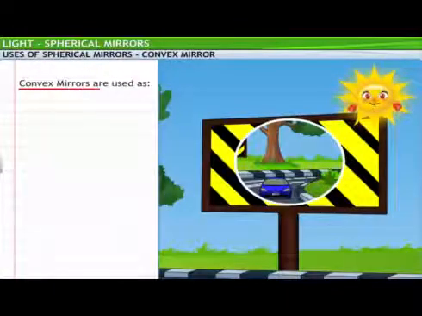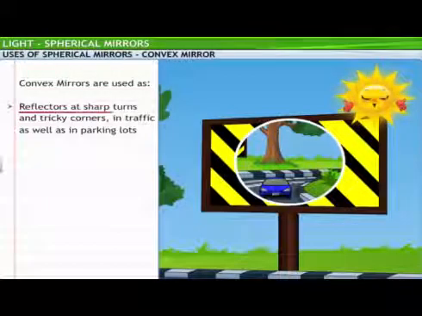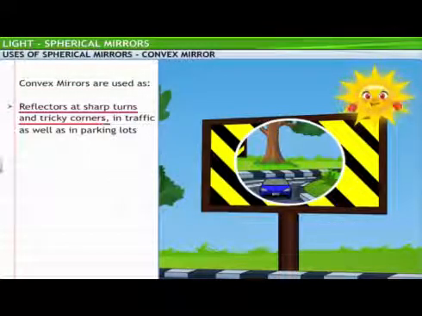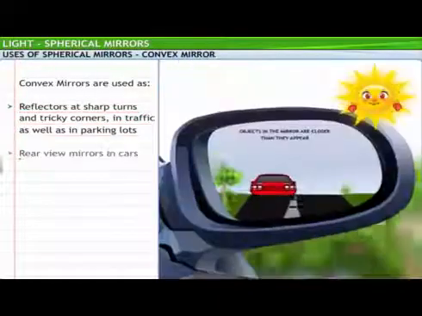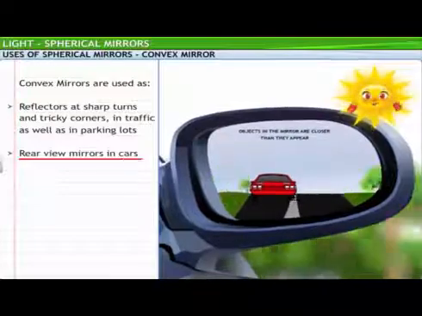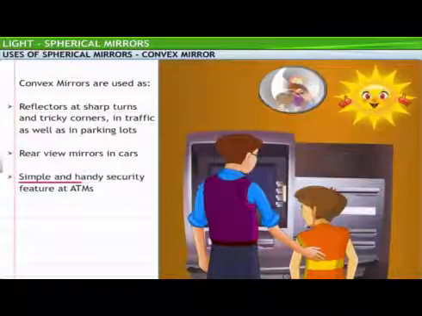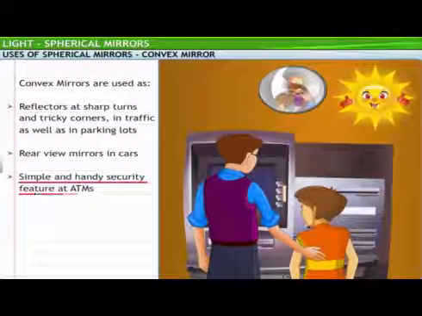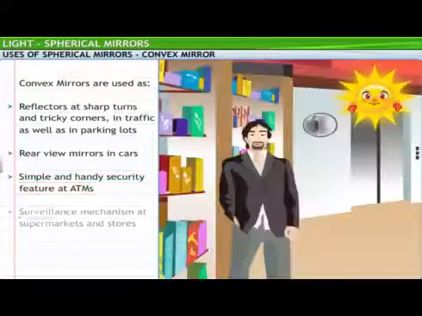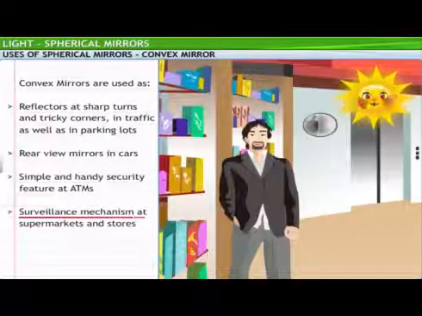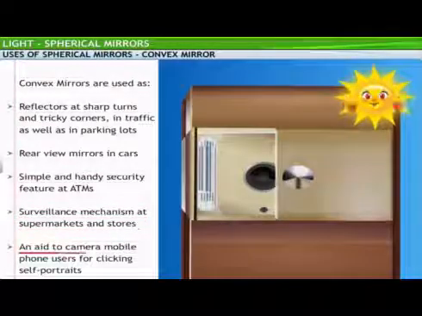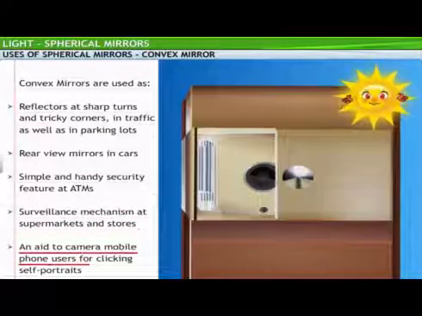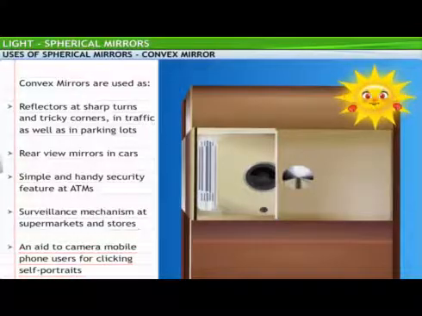Convex mirrors are used as reflectors at sharp turns and tricky corners, in traffic as well as parking lots, rearview mirrors in cars, simple and handy security feature at ATMs, surveillance mechanism at supermarkets and stores, an aid to camera mobile phone users who click self-portraits.